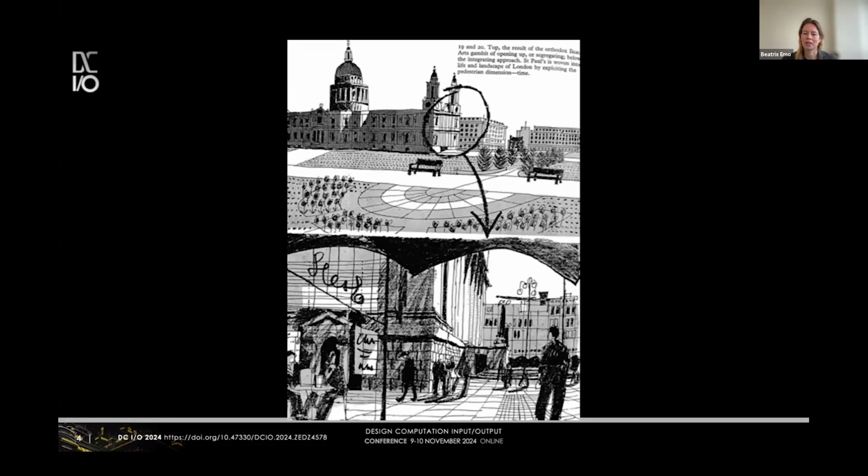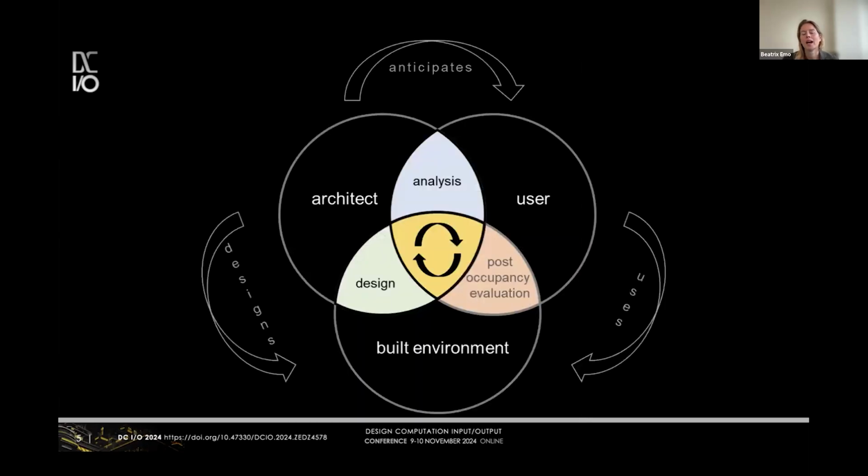And what I'm really passionate about is how people experience the spaces from the egocentric perspective when they're walking around the space.